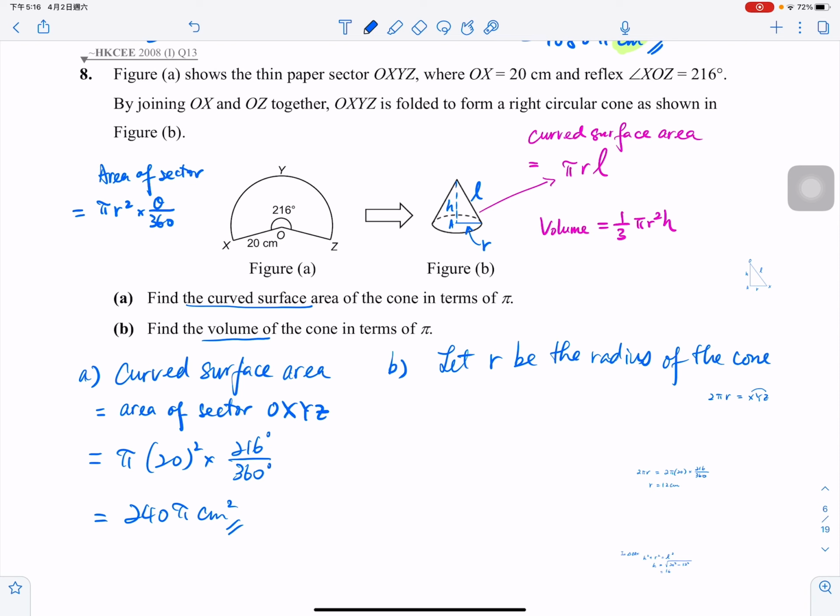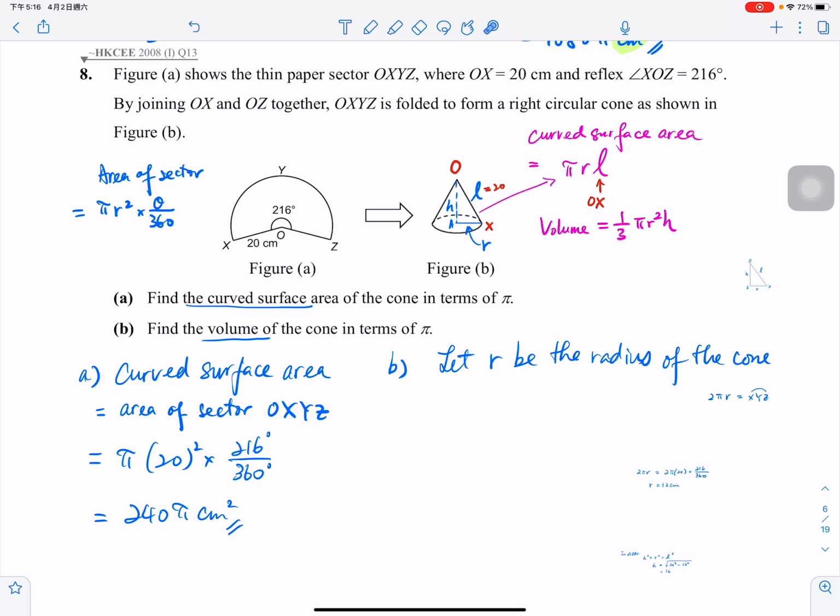So actually this one is O and this one is X. OX is the slant length of the circular cone, so you know this one actually is 20. So you know the length L here. How about r and h?